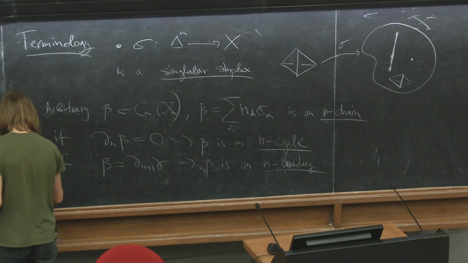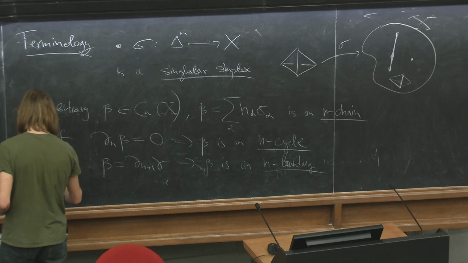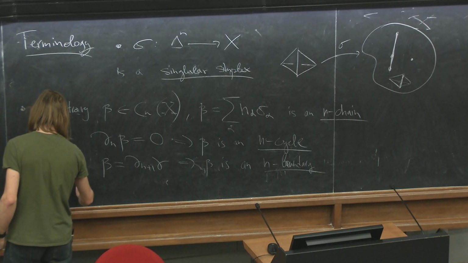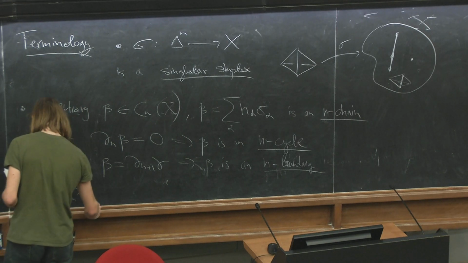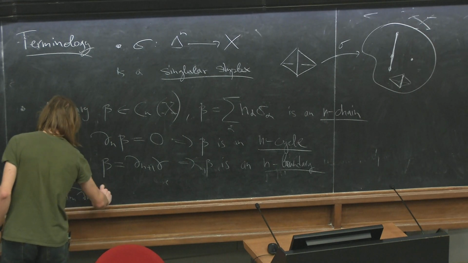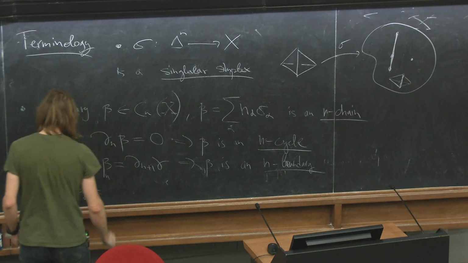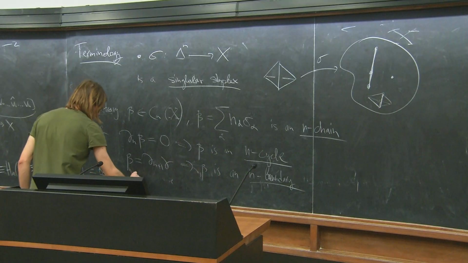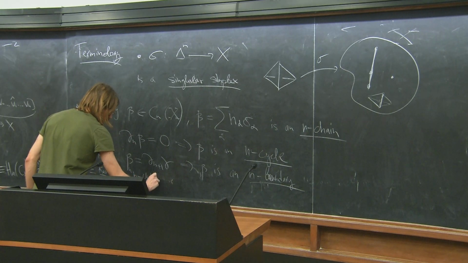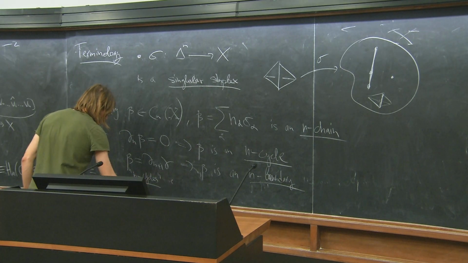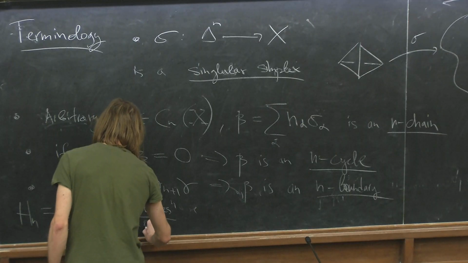Using this terminology, informally one can say that Hn, which by definition is the kernel of dn divided by the image of dn+1, is the abelian group of n-cycles considered modulo n-boundaries.